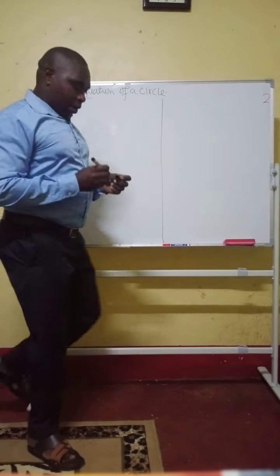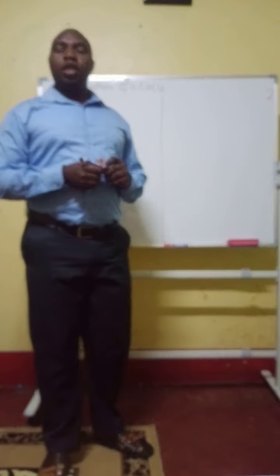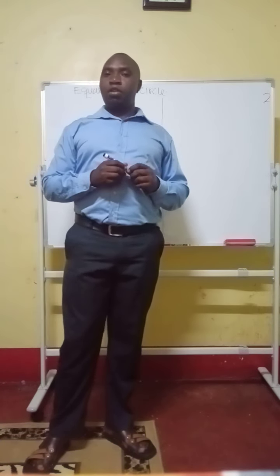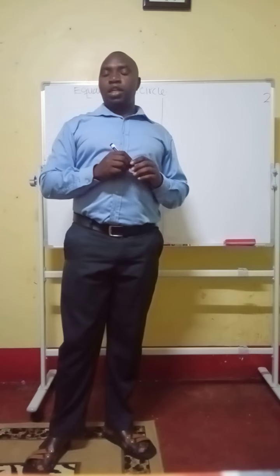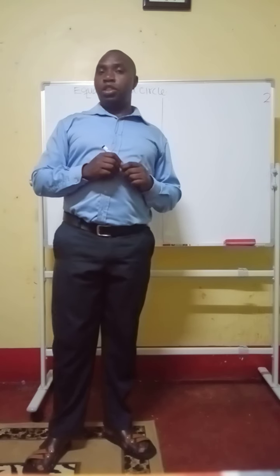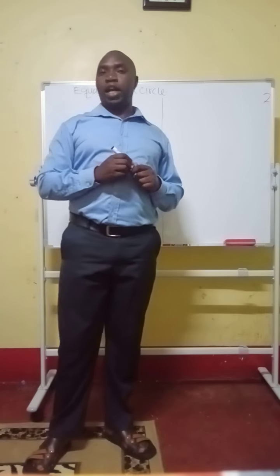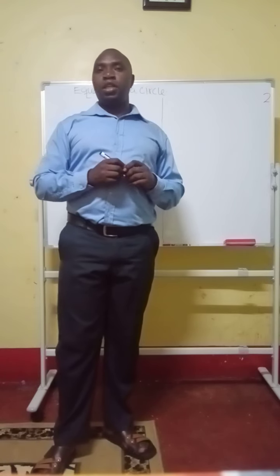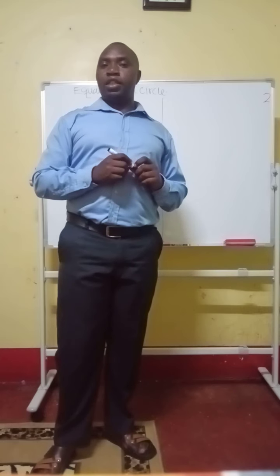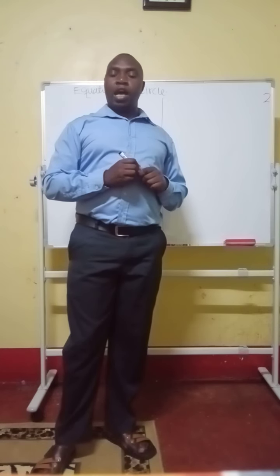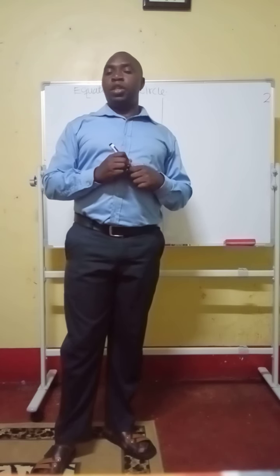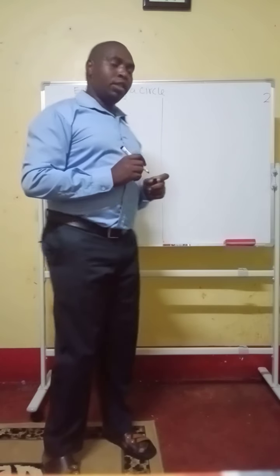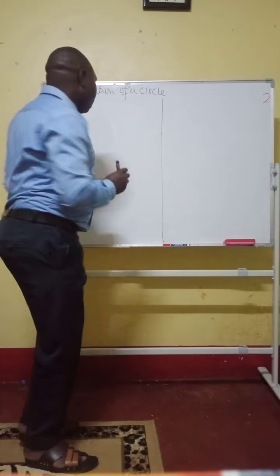When we talk about the equation of a circle, we basically consider two types of circles: a circle that has been drawn at the origin, that is at the center of the Cartesian plane, and a circle that is drawn outside the center of the Cartesian plane. I want to start with a circle drawn at the origin.